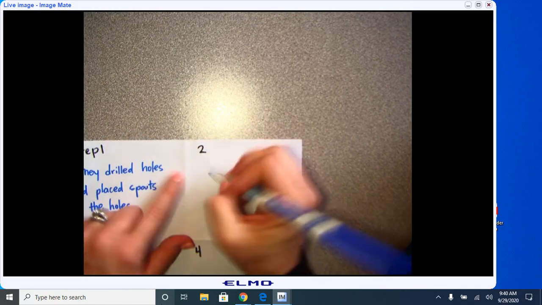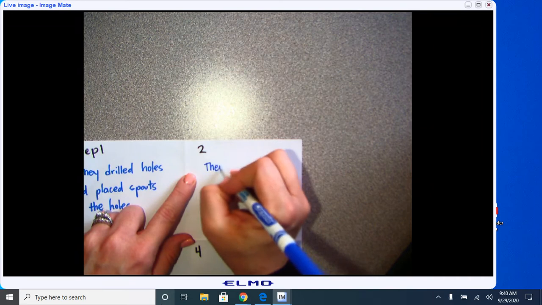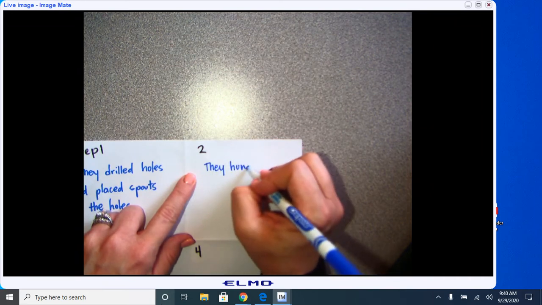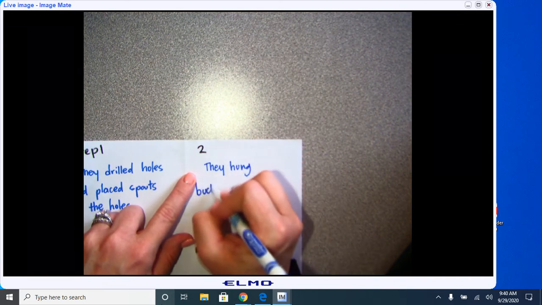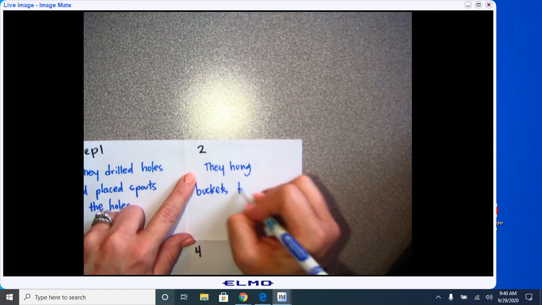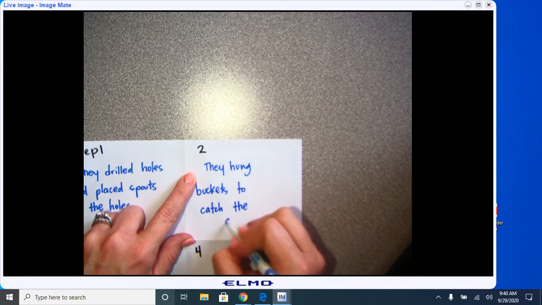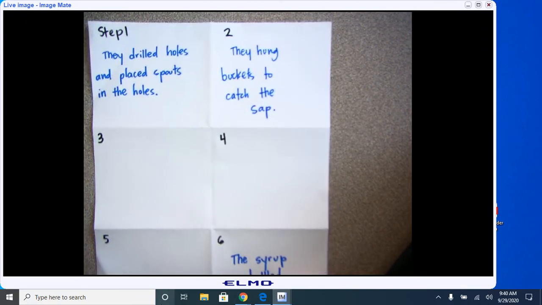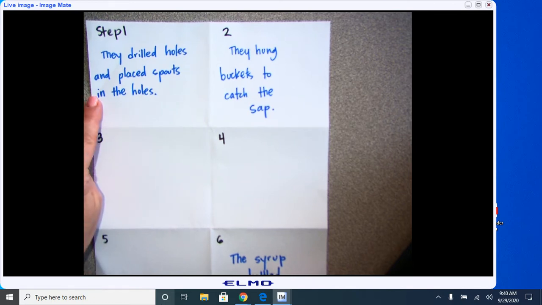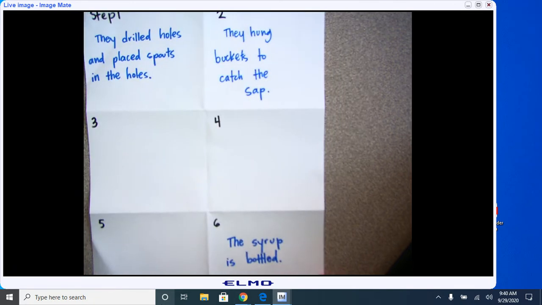Okay, I think that would be important. So they hung buckets to catch the sap. So now I'm thinking, okay, how does it go from sap to syrup?